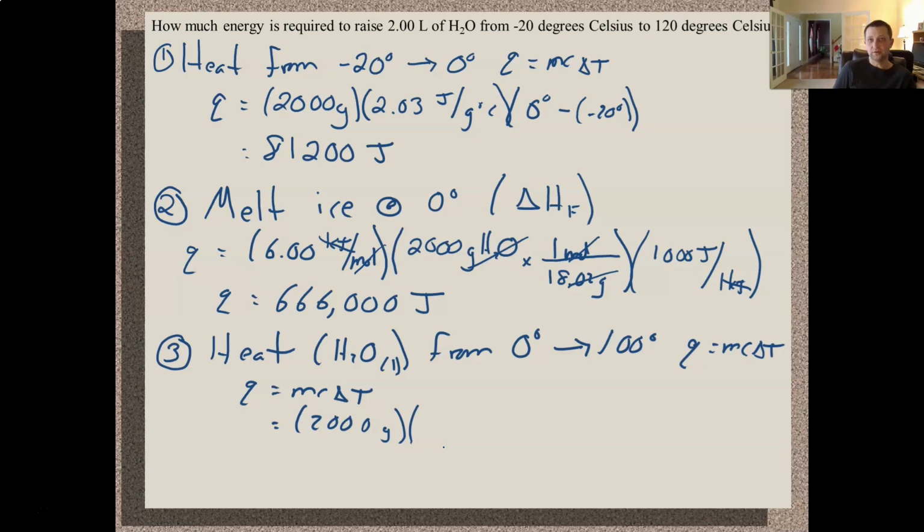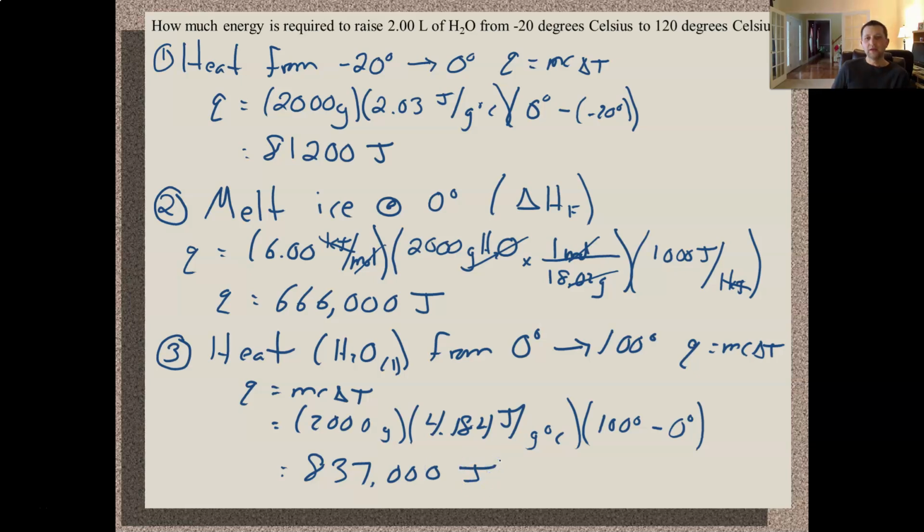So we can go to what we know for water, which is 4.184 joules per gram degree Celsius. And our delta T is 100 degrees minus 0 degrees, so T final minus T initial. If you go ahead and solve that, our unit should be in joules here, and our Q value comes out to be 837,000 joules. You may be asking where I'm getting my sig figs from. I just kind of picked 3 sig figs for this one.